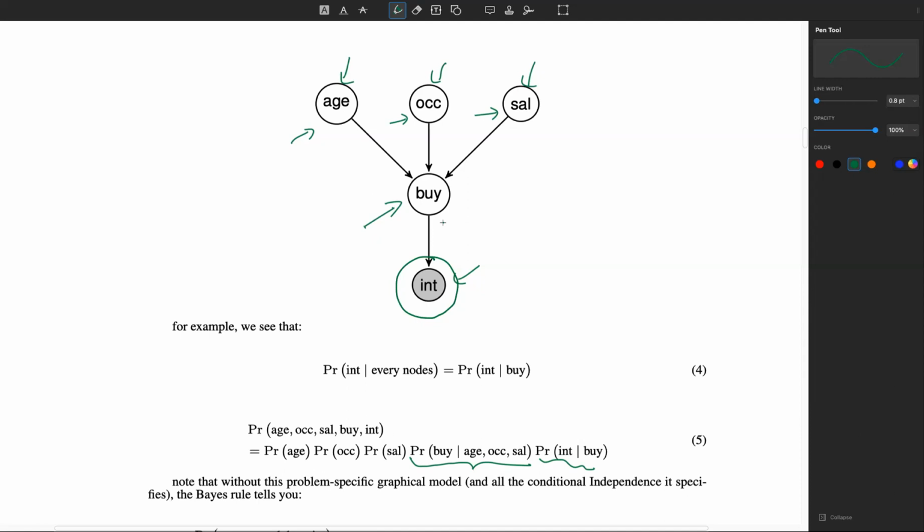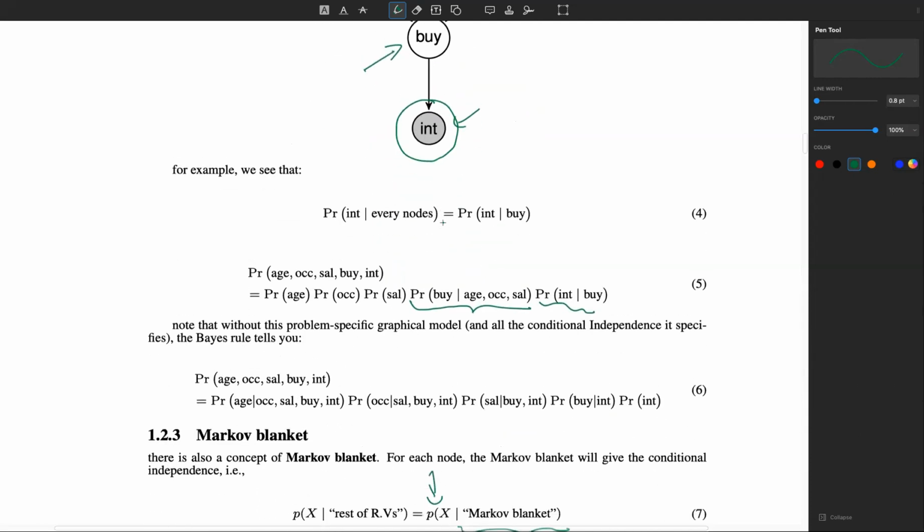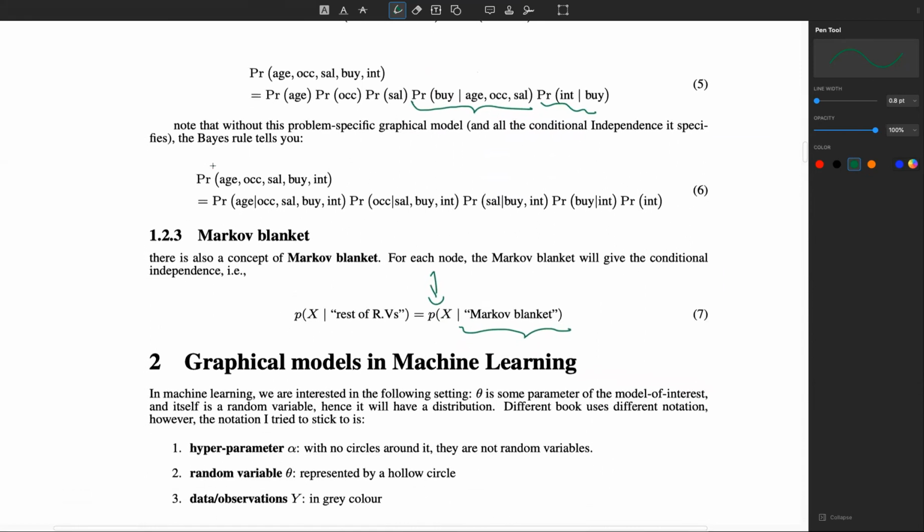It just means that anything else apart from the Markov blanket becomes conditionally independent. So the probability of X conditioning on the rest of random variables equal to the probability of the random variable conditioning on only its Markov blanket. Is that okay? Questions?